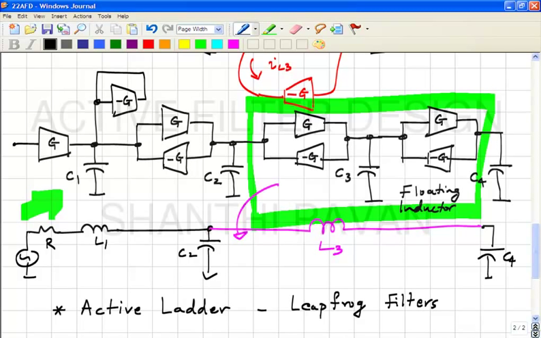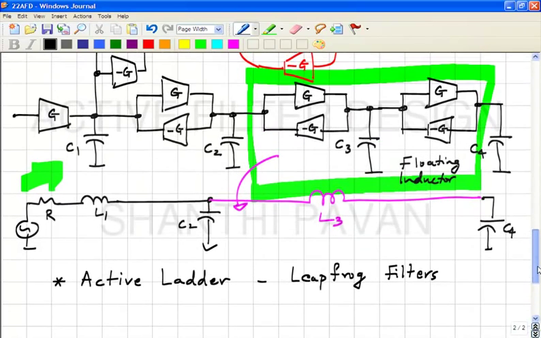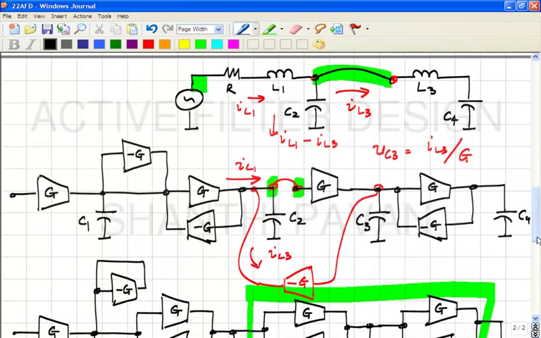Okay. So, can you comment on this approach versus the other approach where we just split it up as a cascade of biquads? Do you think this is easier to design or that's easier to design? Well, I guess the only difference between a cascade of biquads approach and this kind of approach is, no, it's not even one more GM.